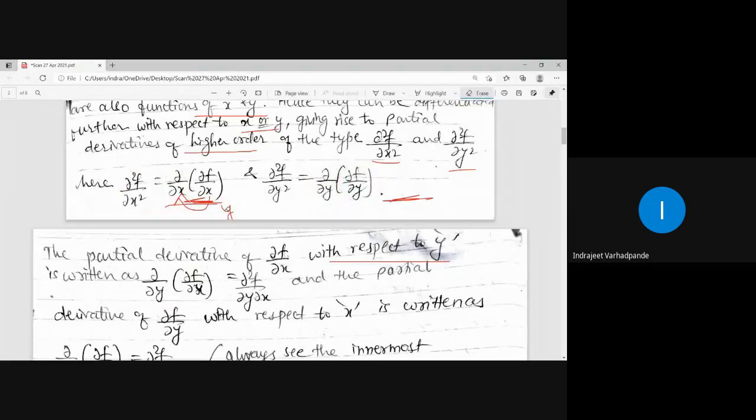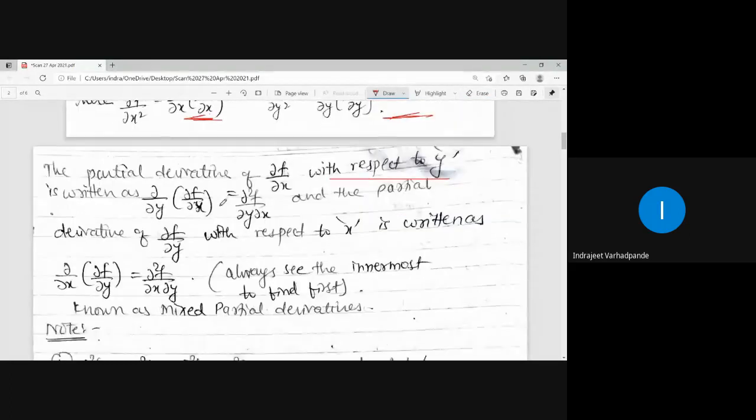Right, here it is mixed, del f by del x as well as del f by del y. So the partial derivative of del f by del x with respect to y is written as this, and with respect to x it is written as that, known as mixed partial derivative.